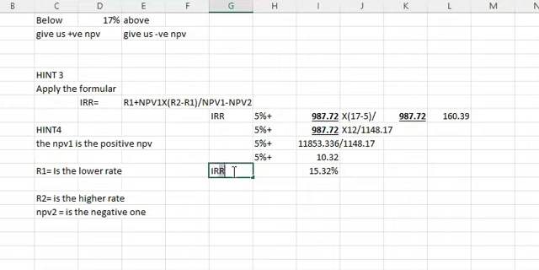Hence, our IRR is this one. So this is how we calculate IRR. Follow the hints, and then you'll be fine.